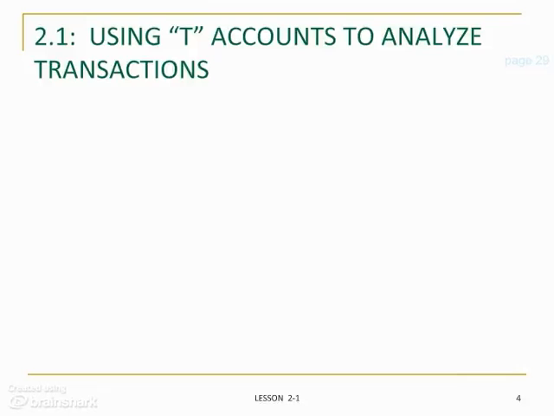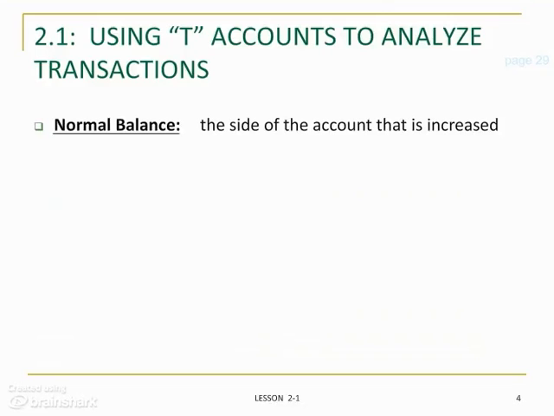As we begin to use T accounts to analyze transactions, we need to keep in mind the basic accounting equation and that each account under the accounting equation can be broken down and have its own individual T account with a debit side and a credit side.